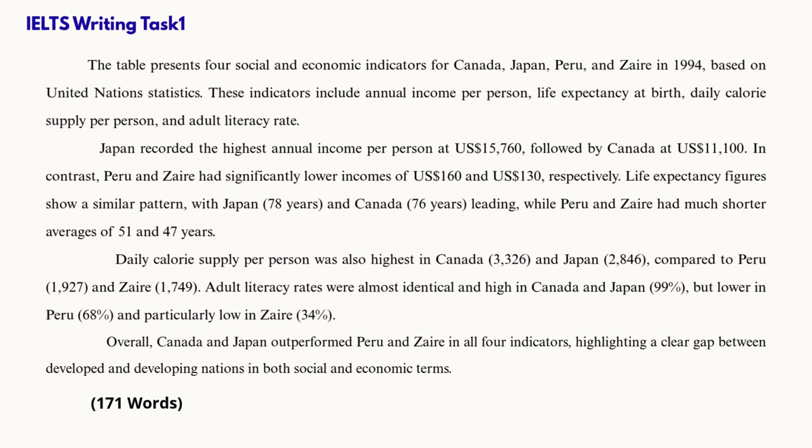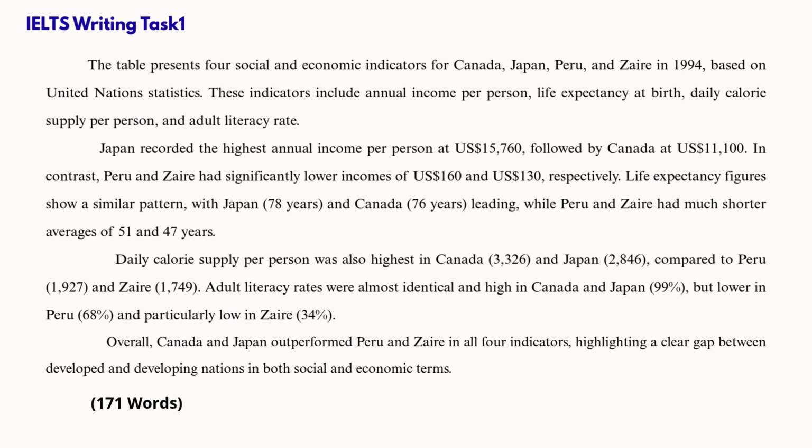The table presents 4 social and economic indicators for Canada, Japan, Peru, and Zaire in 1994, based on United Nations statistics. These indicators include annual income per person, life expectancy at birth, daily calorie supply per person, and adult literacy rate.